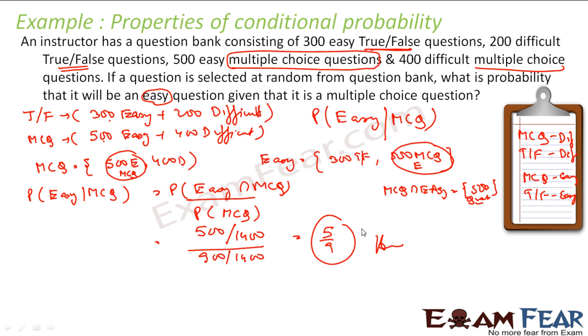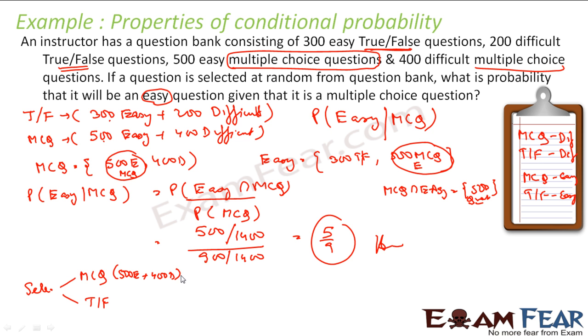So if you want, you can solve by diagram also. The condition is it's an MCQ question. So you select a question. It can be an MCQ, or it can be true false also. Right? MCQ has how many? 500 easy and 400 difficult. Correct? The second condition is I have to select an easy question.